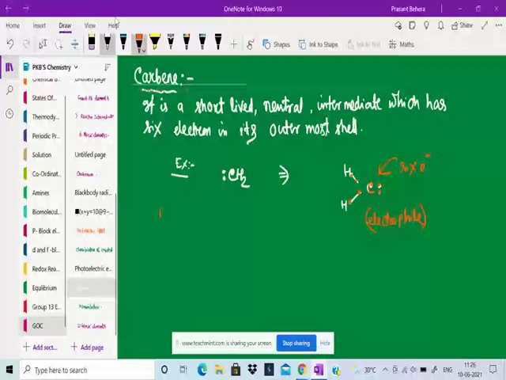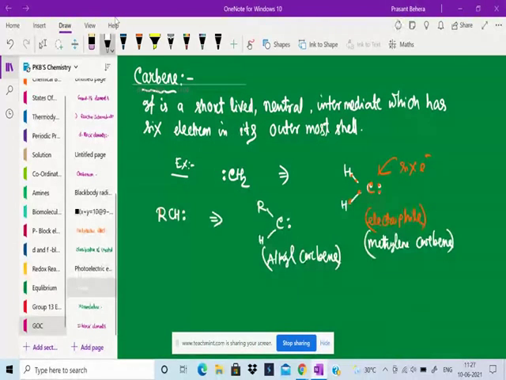This is methylene carbene. Similarly, another one is dialkyl carbene, RCR. This is known as dialkyl carbene.